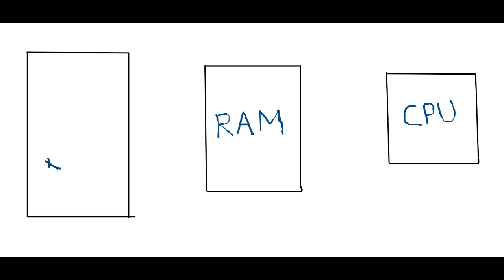When you run the program, it is loaded from secondary memory into primary memory, RAM, which is faster but temporary. From RAM, the instructions are sent to the CPU for execution. And behind all of this, the operating system is the manager, coordinating the execution of every program running on your device.